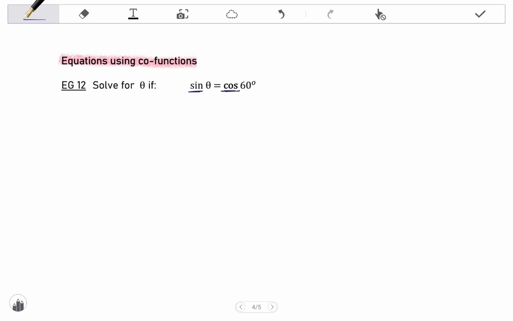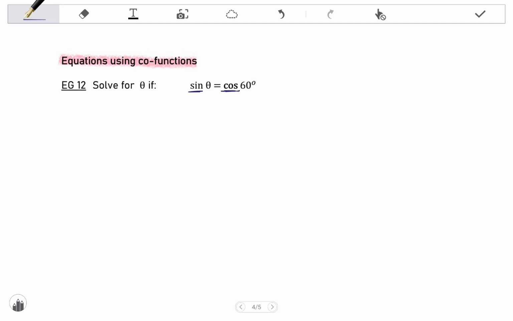Previously, if we had sine and cos in our equation, we either tried to bring everything to one side and factorized, or if we couldn't do that, we brought them on either side of the equal sign and divided by cos to change it to tan theta. But our angles are different, so we cannot do that. Then if we had a squared term, we tried to replace it with something from the square identity, but none of that is applicable here.